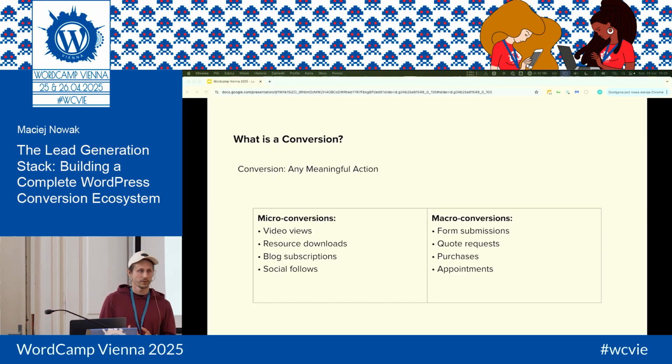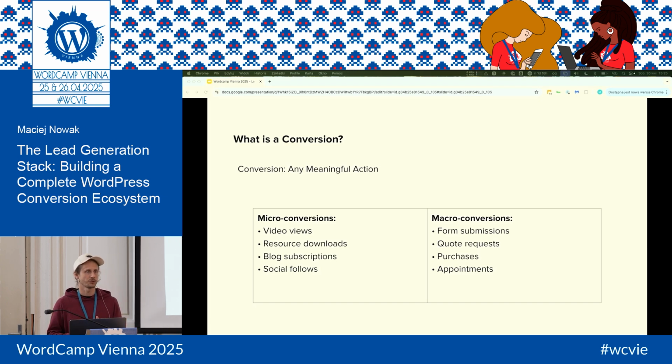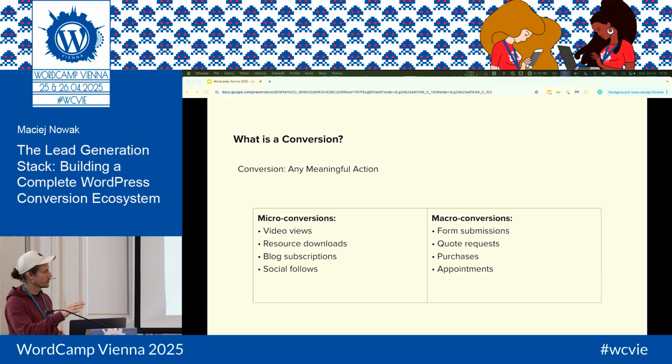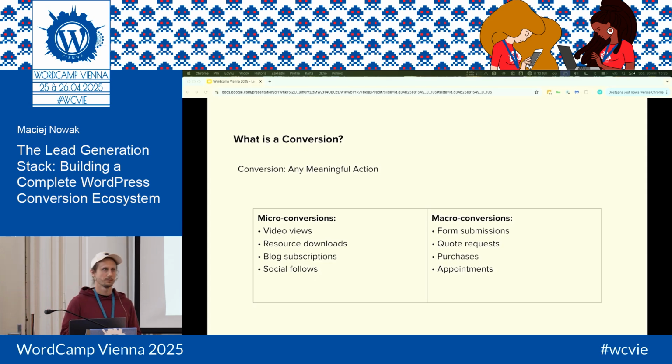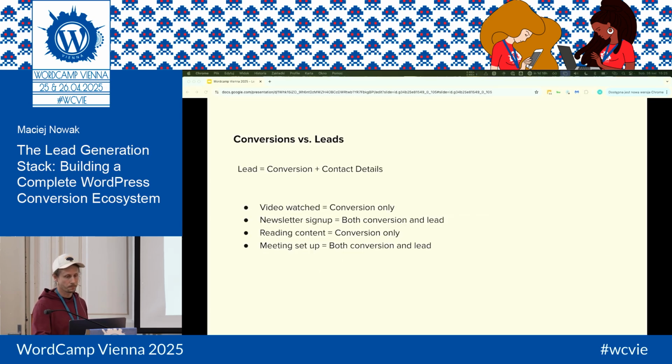But macro conversions are what you mean by conversion when you talk with other people. This is what you want to achieve. These are form submissions, contact forms sent out. Obviously purchases, because purchase is the ultimate conversion. Someone bought your product or booked a demo.